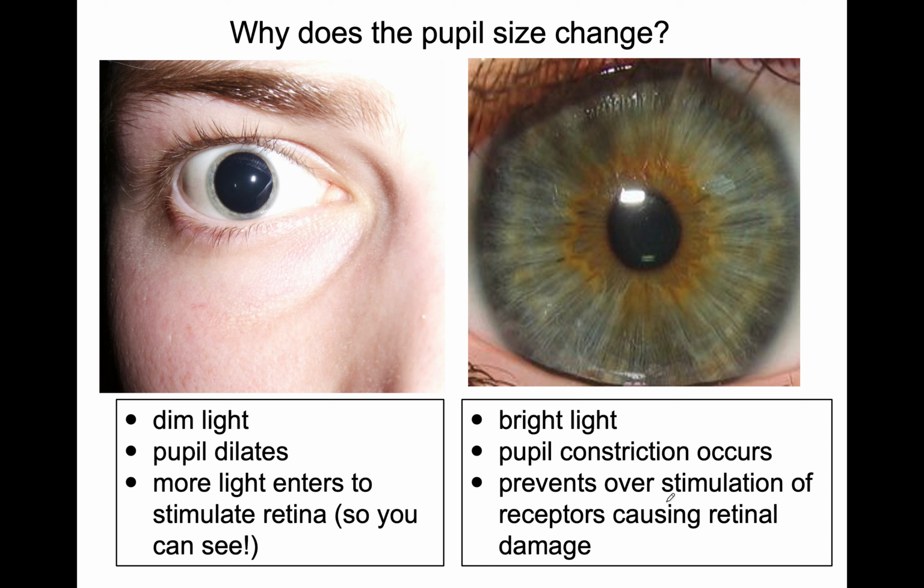In dim light, the pupil dilates, more light enters the eye to stimulate the retina, enables a person to see better and perhaps take in more information. As we said earlier on, constriction is controlled by the parasympathetic nervous system, dilation controlled by the sympathetic nervous system.